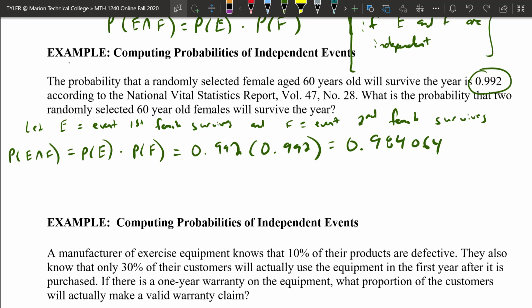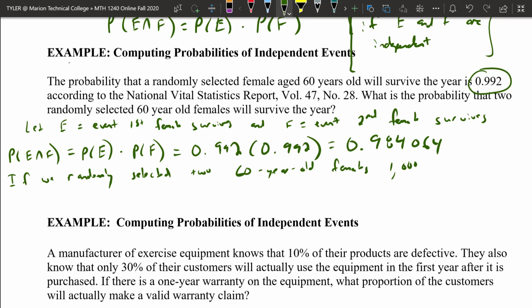Right? So if we wanted to interpret this in a sentence, we could say that if we randomly selected two 60-year-old females 1,000 different times, right?